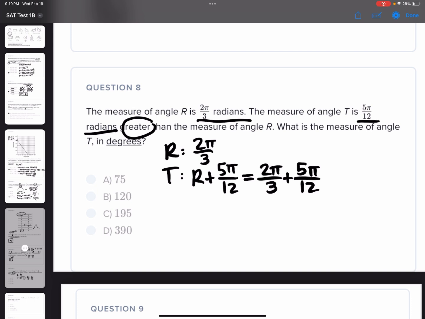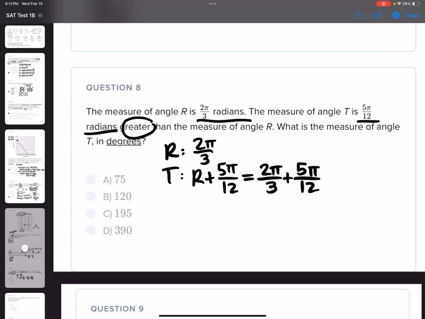All right. Of course, we can't peacefully add this together unless we have the same denominator, and in order to do that, we just find a common factor. And since 12 is actually divisible by 3, we can just multiply only one of them by the factor that gets to 12, right? We would multiply 3 by some value that would get it to 12, so we can add these together.